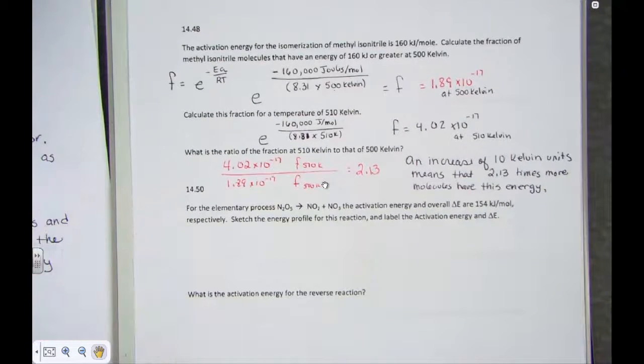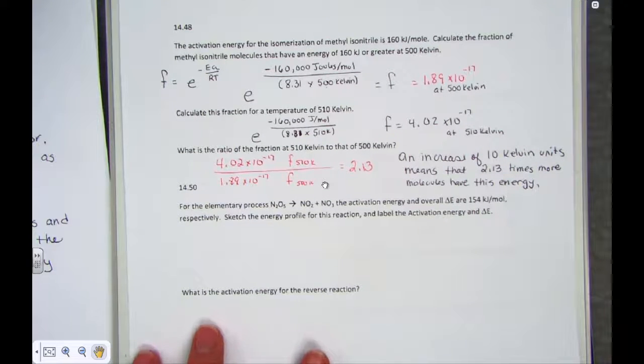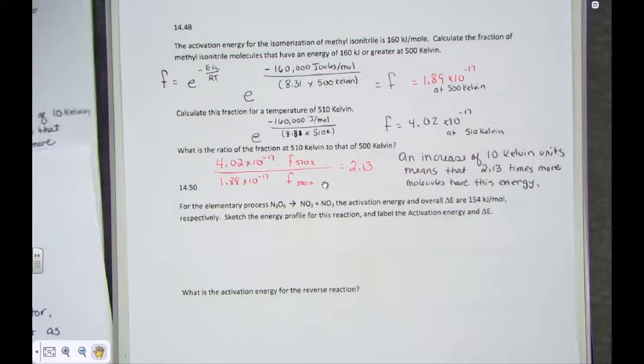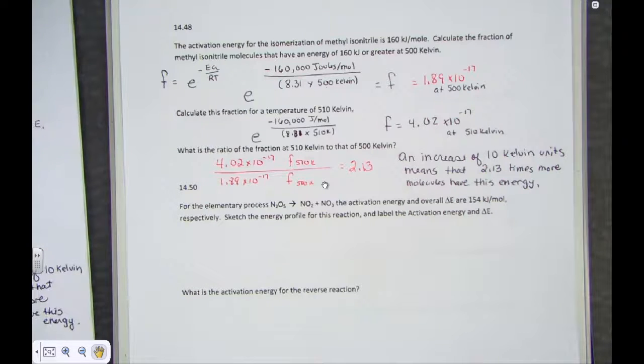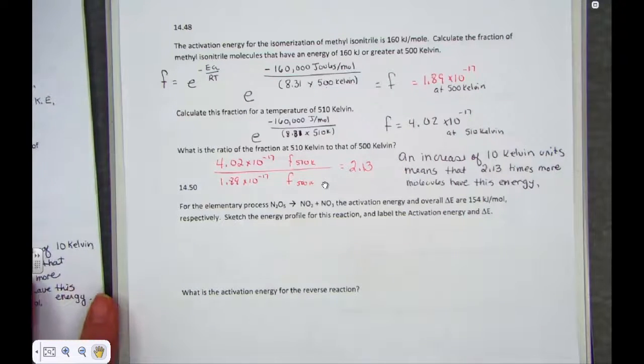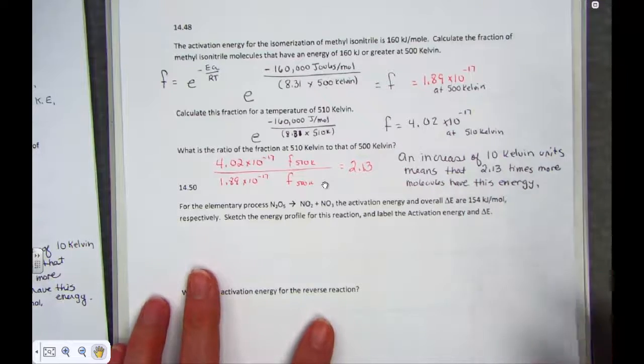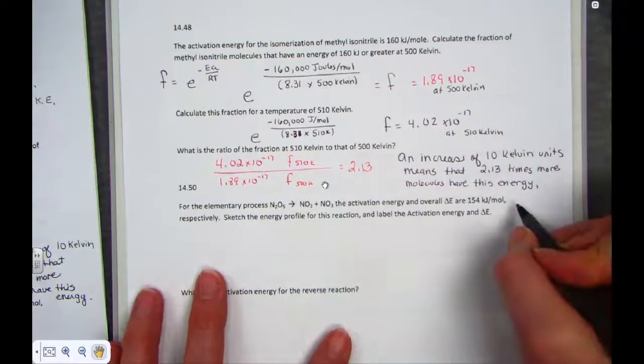Let's take a peek further on, number 50. For the elementary process, N2O5 forms NO2 and NO3. The activation energy and the overall change in energy are 154 kilojoules per mole. When I solved this earlier, I left out a piece.